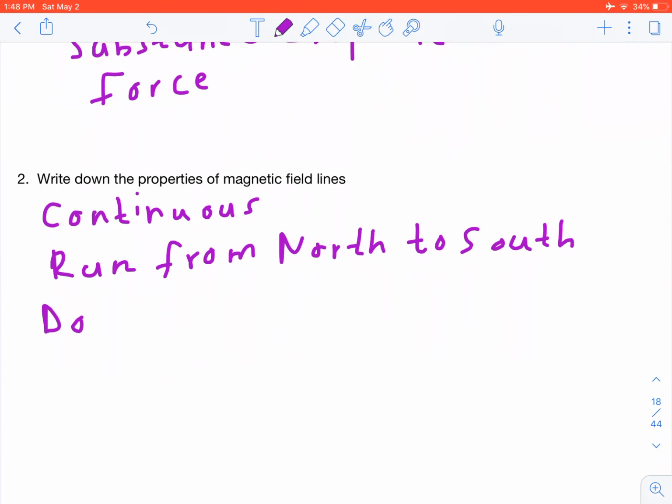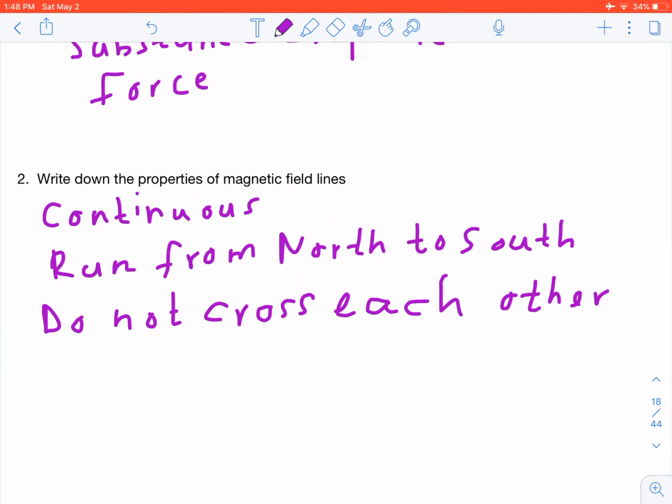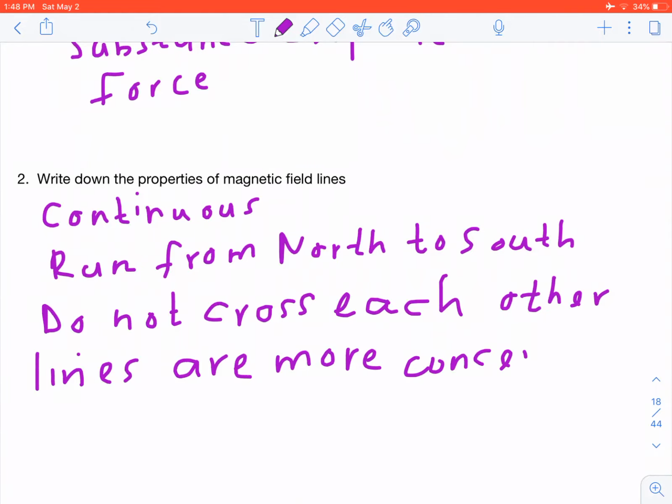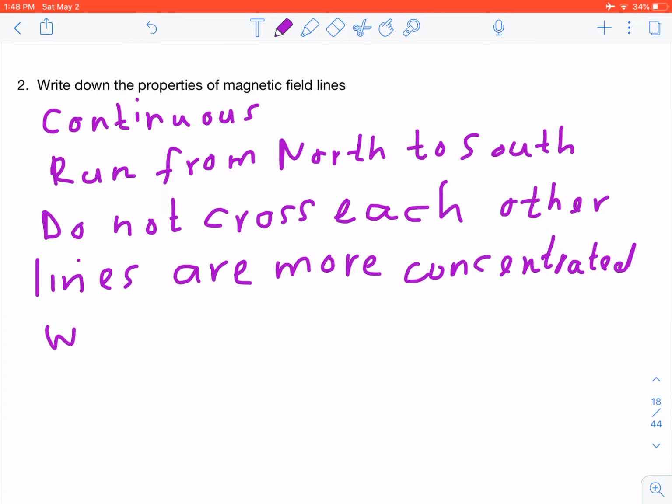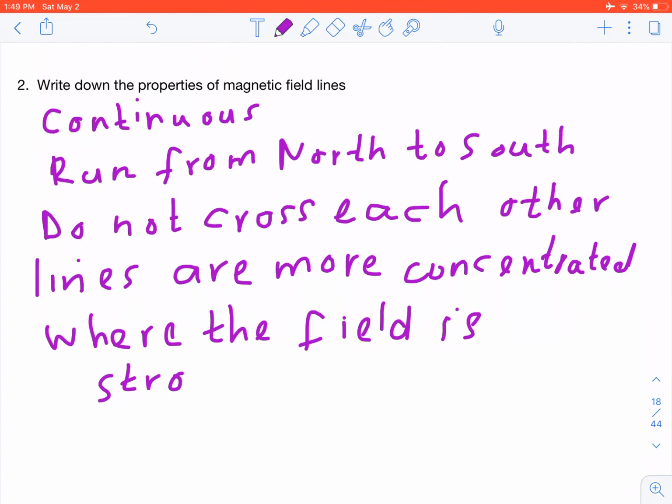They do not cross each other, since the vectors, and the lines are more concentrated where the field is strongest.